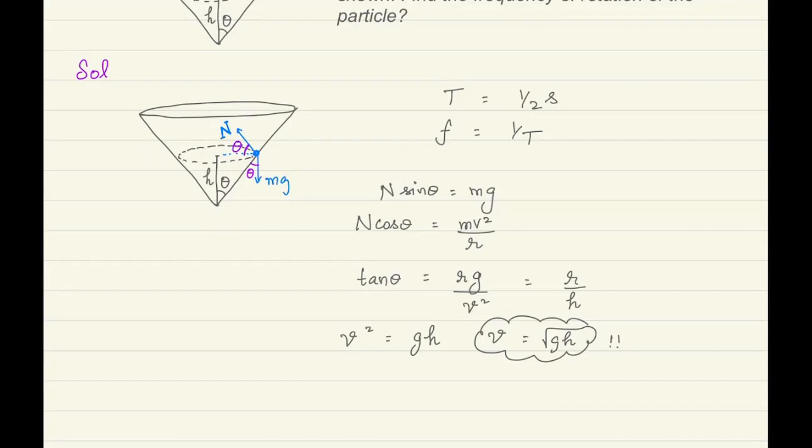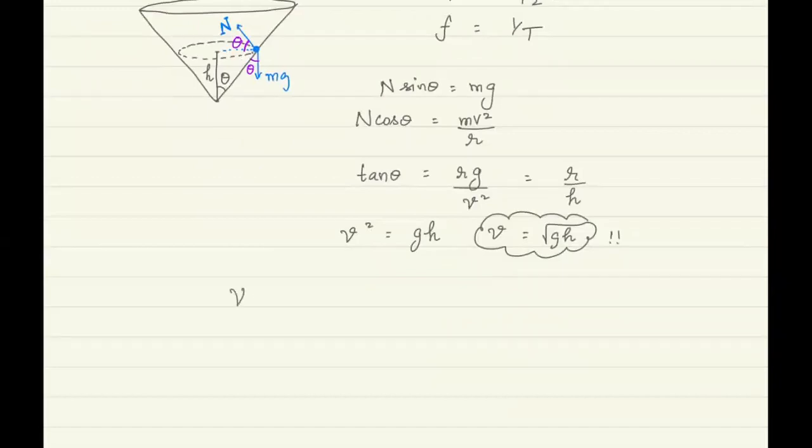Now, going ahead to find the time period and hence the frequency. For the time period, we know time period should be equal to 2 pi by omega, and v will be equal to r omega. v we already have as root of gh, and r will be nothing but h tan theta. See, from this relation here, r by h is tan theta. So r will become, take h and multiply over there, h tan theta.